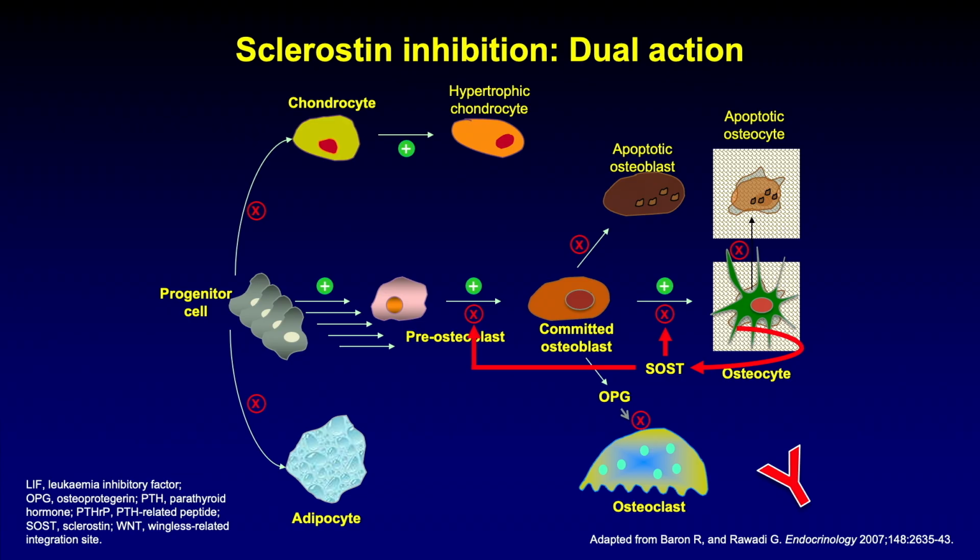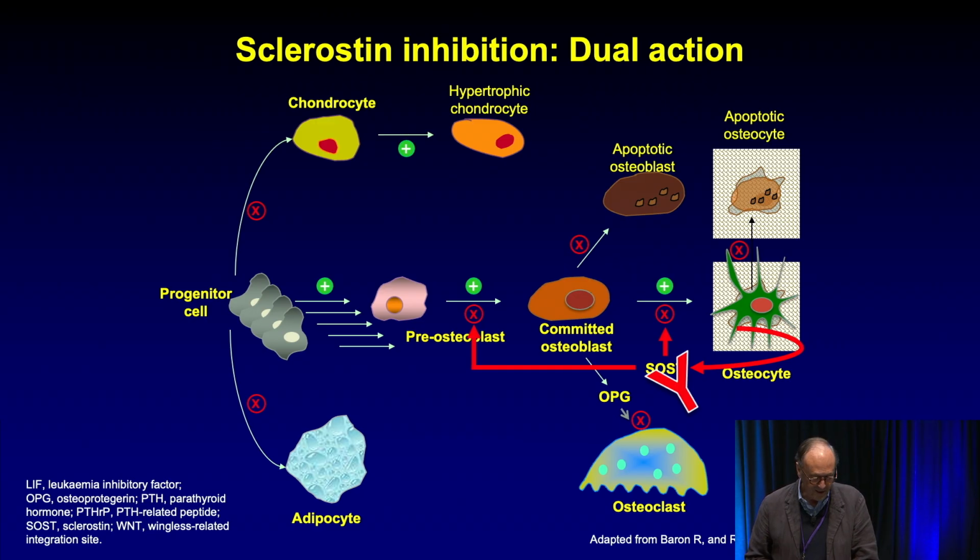Several companies developed humanized monoclonal antibodies to block sclerostin. The idea was obvious, but what was not obvious was whether the antibodies would be able to reach the site of production of sclerostin, but they do, so we've been lucky.